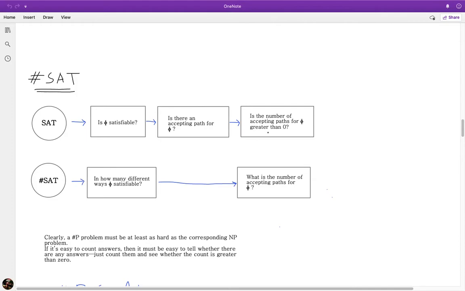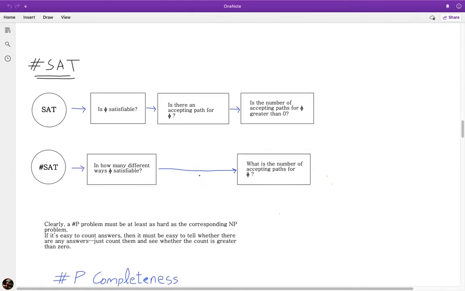If we get to know that the number of accepting paths for phi is greater than 0, then we know that phi is satisfiable, and if it is not greater than 0, then it is not satisfiable. So it's the same question modeled in a different manner.